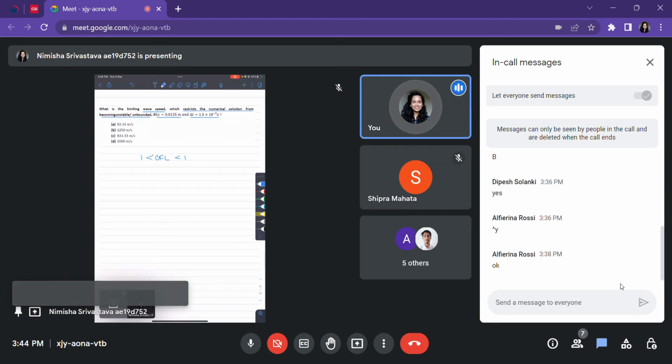The definition of CFL is basically a delta t by delta x. So you need an a such that a times 1.5 into 10 raised to the power minus 5, divided by 0.0125, should always be less than 1. Can you quickly solve this for me and tell me the value of A?